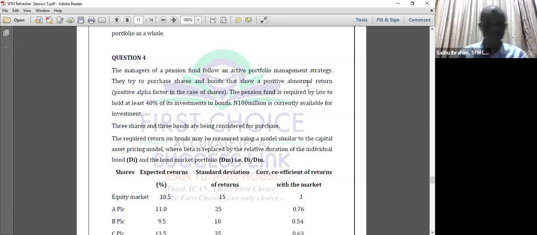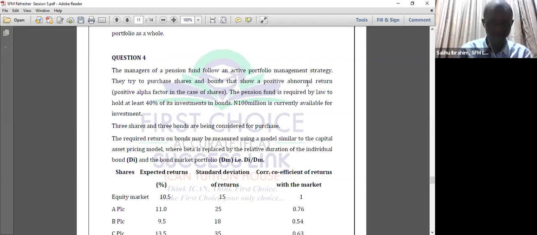The required return on bonds may be measured using a model similar to the CAPM, capital asset pricing model, where beta is replaced by the relative duration of the individual bond, DI, and bond market portfolio, DM, that is DI over DM.